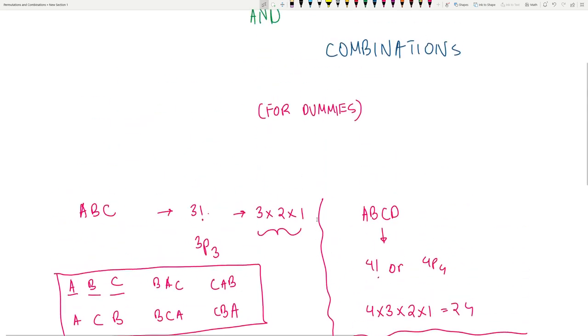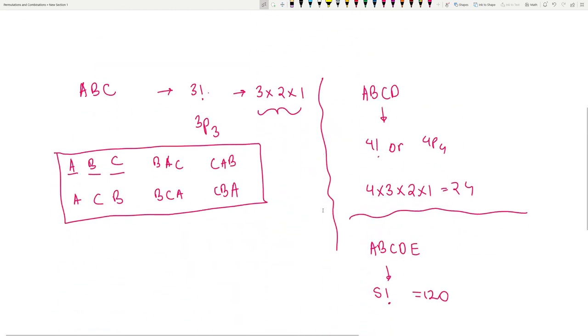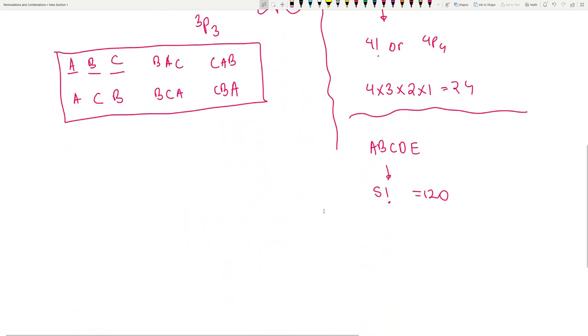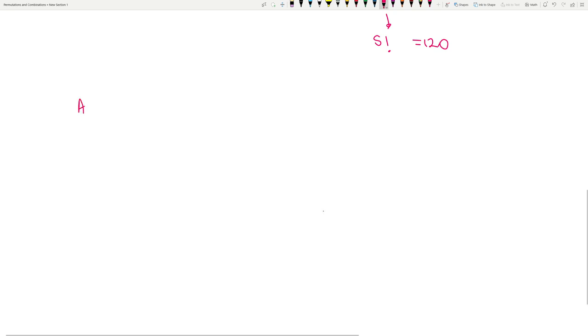Moving on. So what if we have identical letters now? Suppose, check this out. What about A, B, B? For the sake of understanding, let's call this B1 and let's call this B2.